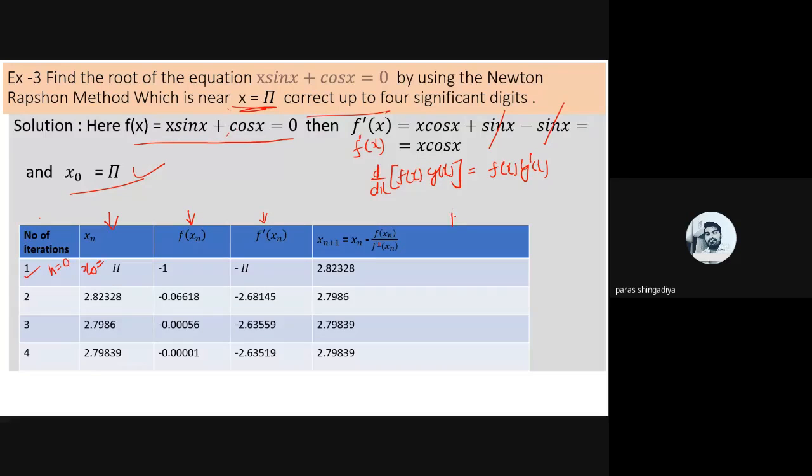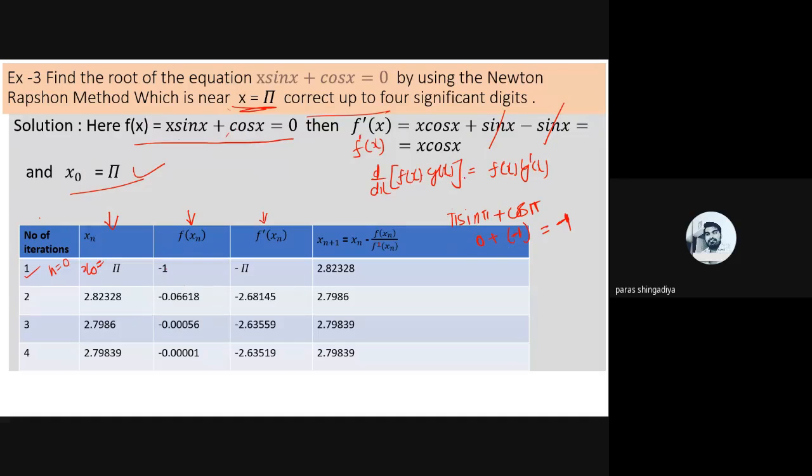So pi into sin pi plus cos pi, with x is equal to pi. Sin pi will be 0. Pi into 0 will be 0 here, plus cos pi. Cos pi is minus 1. So the remaining output is minus 1, so f of x0 will be minus 1.